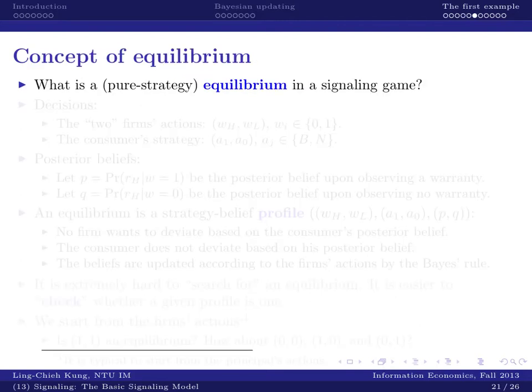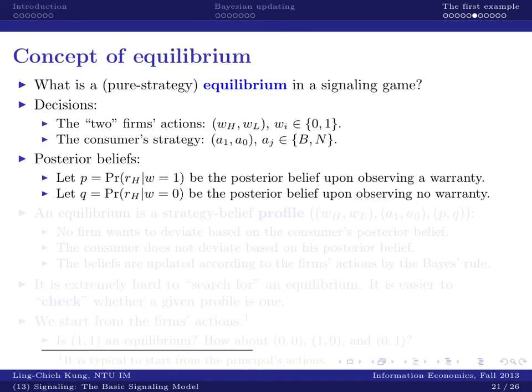So the last thing we need to do to describe this game is to tell you the concept of equilibrium here. We will care about only pure strategy equilibria. So in this signaling game, what will be the elements of an equilibrium? We know we have decisions.